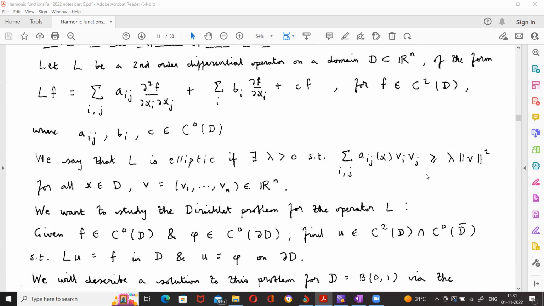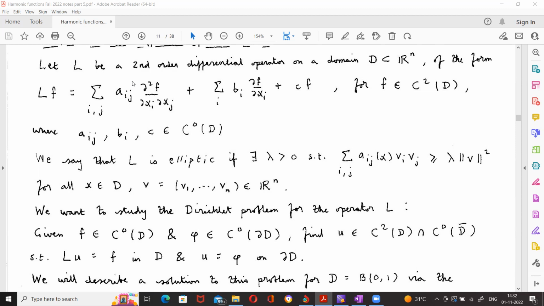So the Laplacian, of course, is an example of an elliptic operator, the Euclidean Laplacian. And more generally, if we take the Laplacian on a Riemannian manifold, in a coordinate chart embedded into R^n, we saw that the coefficient matrix of the Laplacian is the inverse of the matrix of the Riemannian metric, g upper ij.